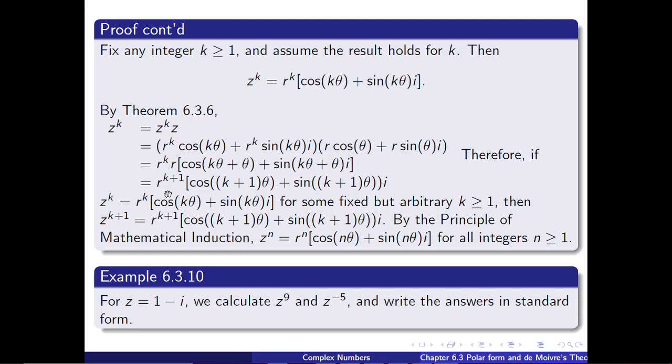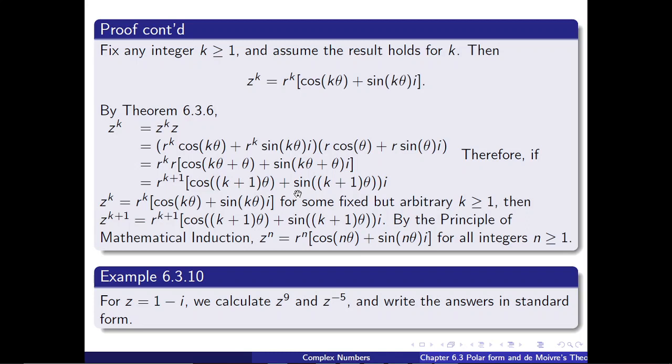If we then simplify that, we get r^(k+1), right, from here, and then we also get cos (k+1)θ + i sin (k+1)θ. Here we just factor out the θ in there, and then we get that.